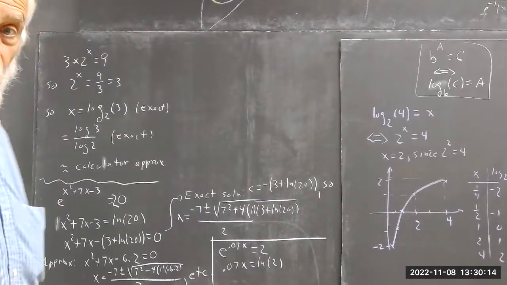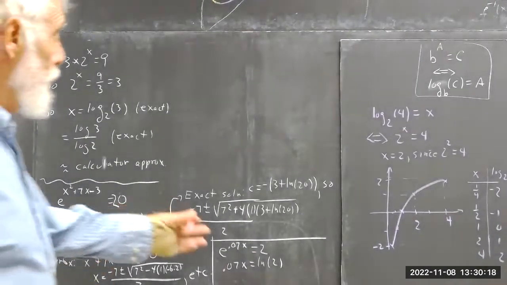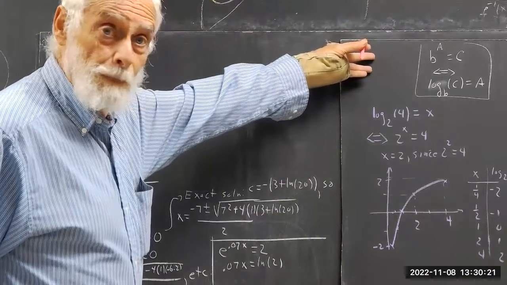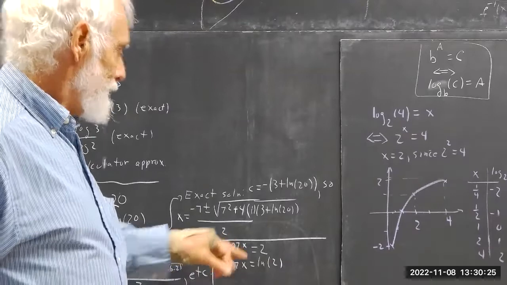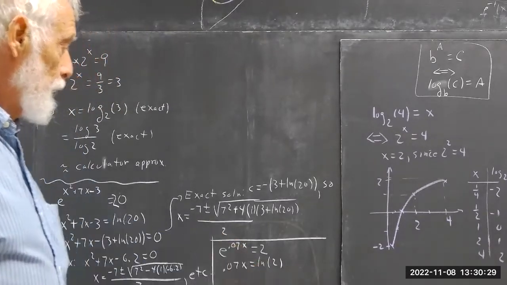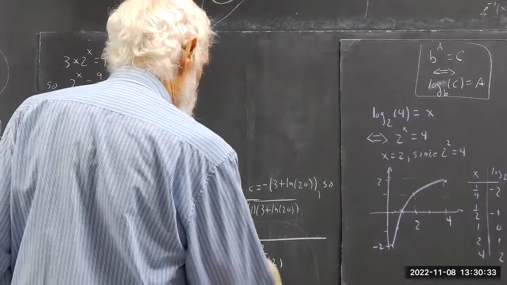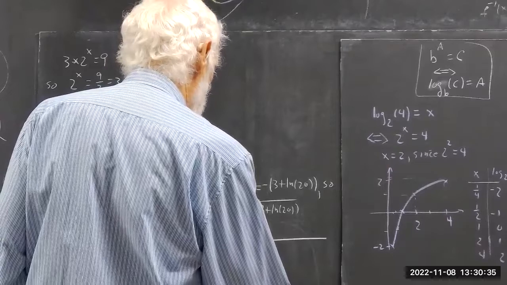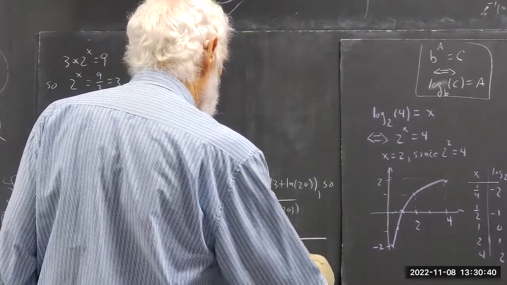X equals the natural log of 2. Again, using this relationship carefully, we have a log base e, or a natural log. So you might want to remind yourself, write down log base e, but of course that's the natural log of 2.